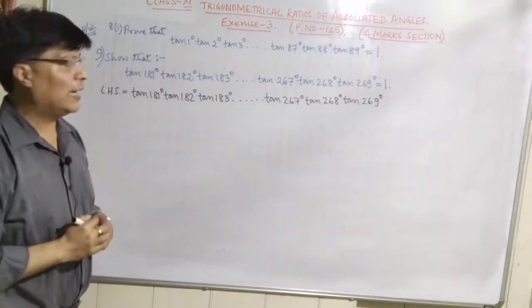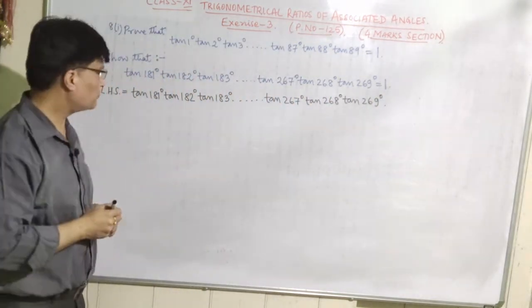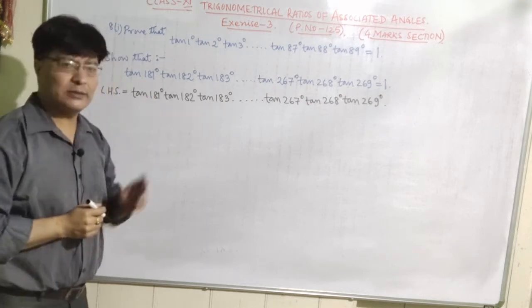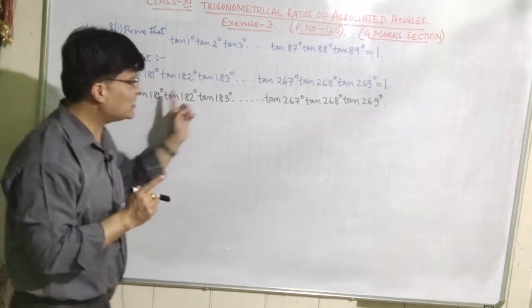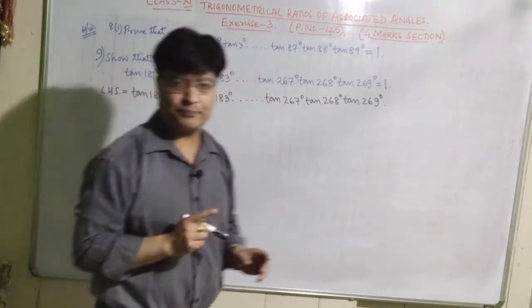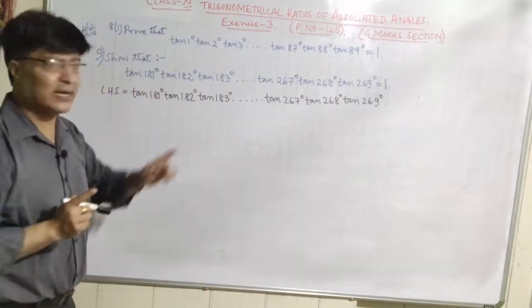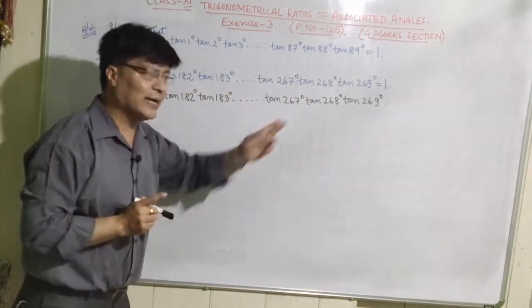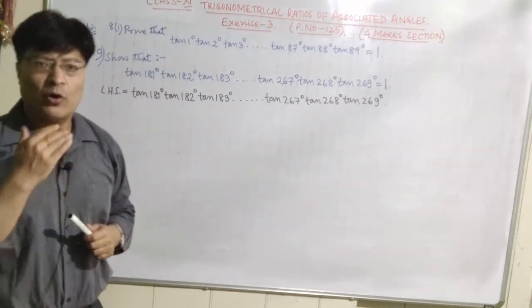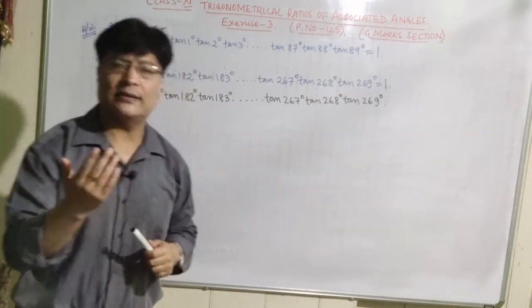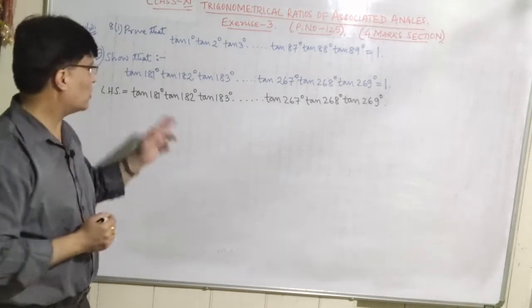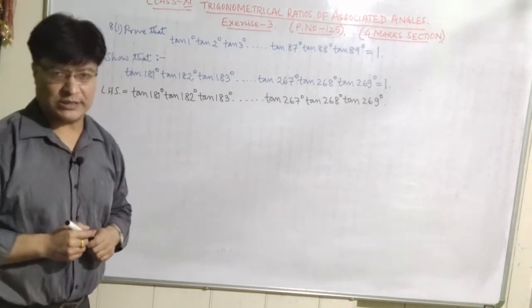Okay? And you know that here all the angles lie within 180 degree and 270 degree. That means all the angles lie in the third quadrant, and in the third quadrant tan is always positive.